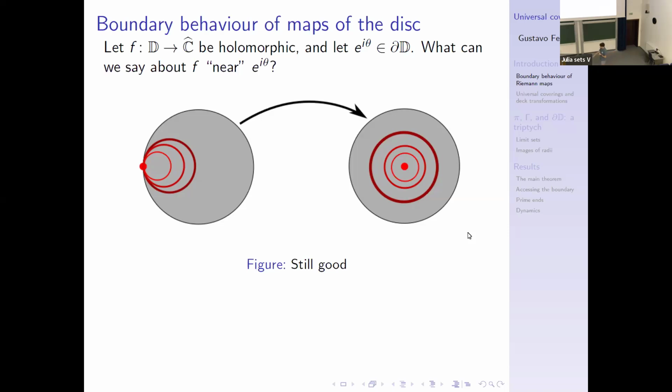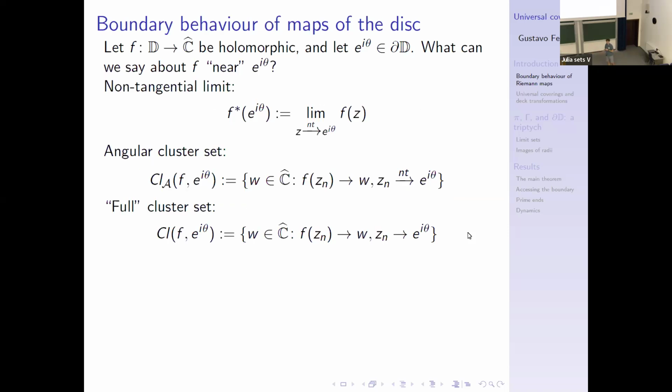To understand what happens in this case, we need to introduce some terminology. The non-tangential limit set, which we denote by f star of e to the i theta, is the limit as f of z tends to e to the i theta non-tangentially. What does it mean to tend non-tangentially? It means that you're tending to that point inside a Stolz angle. And what is a Stolz angle?